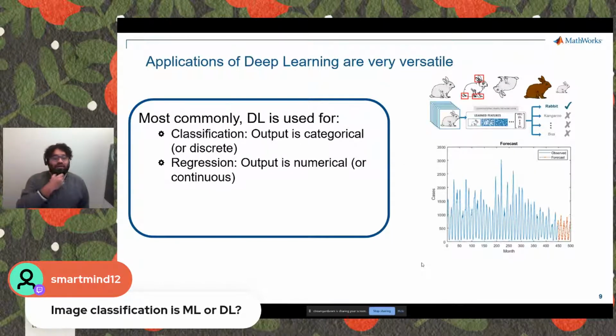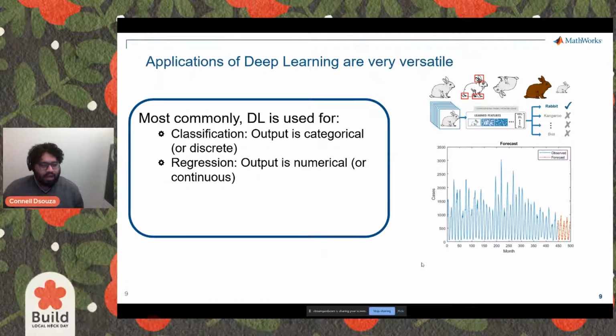Okay. So again, applications, we've seen a whole variety of applications of deep learning. They're very versatile, but essentially what it comes down to is, most commonly deep learning is used for two types of activities. The first one is classification, where your output is categorical.